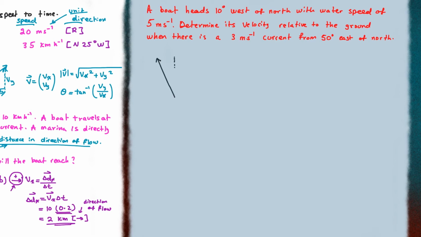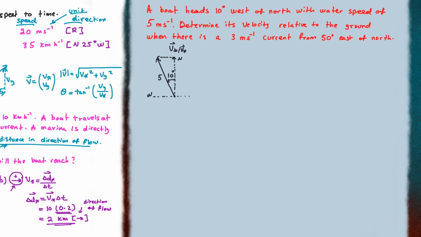So for the velocity of the boat, it's going 10 degrees west of north, so we'll draw north and we'll draw a vector which has a magnitude of 5, and that's going towards the west, and that will have its x and y components.